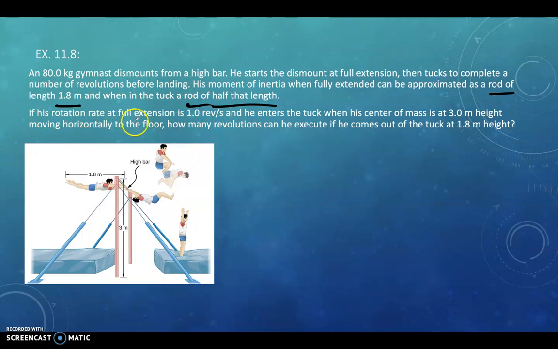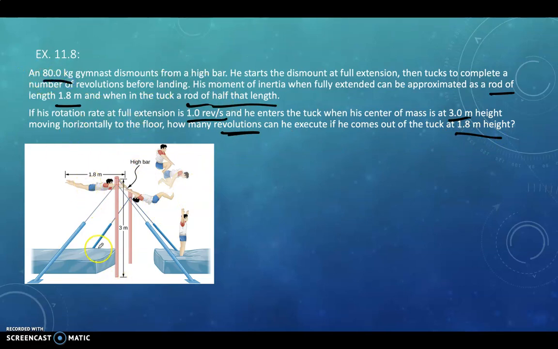If his rotation rate at full extension is 1 revolution per second, and he enters the tuck when his center of mass is at 3 meters height, moving horizontally to the floor, how many revolutions can he execute if he comes out of the tuck at 1.8 meters height? Okay, that was a lot of information. I think we can agree.